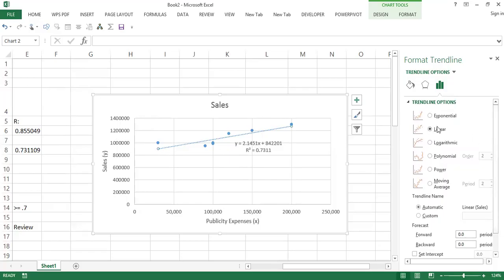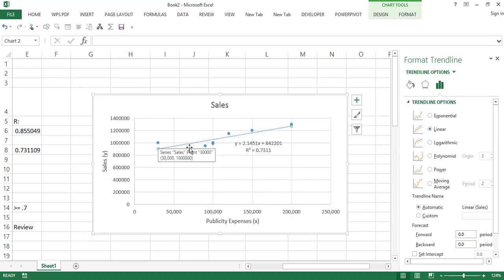So you use the linear method when the relationship between X and Y is expected to be linear, like this. But you can see that when you draw the line, the points really don't fall on the line. That's what I was trying to say before, that when you forecast, you don't expect it to be exact.